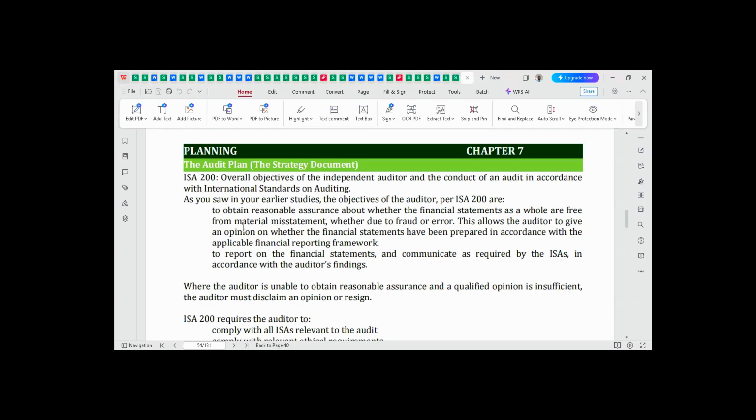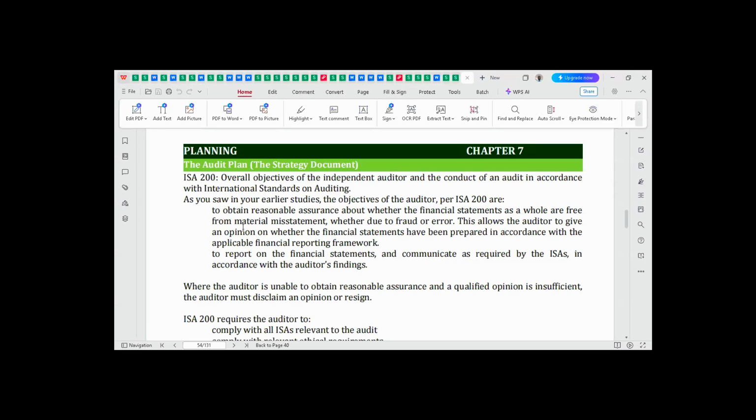No. If there are any weaknesses in the client's internal control system, he needs to bring out evidence. He needs to bring out documents. He needs to bring out exhibits, okay? Audit evidence to buttress that point. For instance, if you discover that some documents are not properly signed or there is no supporting document, he needs to make photocopies of those things and present them to the board or to the management, in what we call the letter of weakness or management letter, all right? That is what the ISA 200 is talking about.